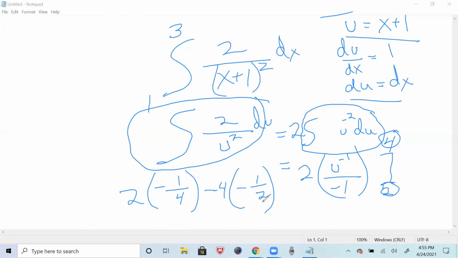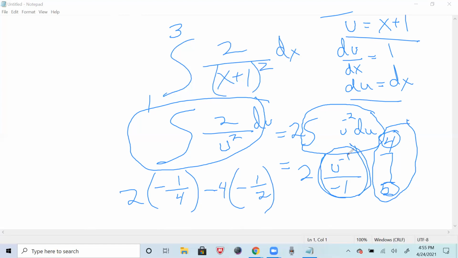Why is it minus 4 times 1/2? Because when you evaluate these, you always do the top one, in other words, f of 4 minus f of 2, where f is this thing.